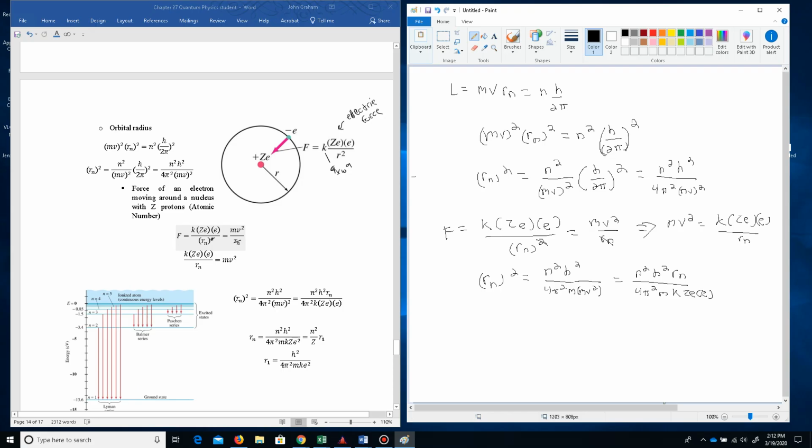And so what we want to think about before we move on is what the R1 will look like. For R1, your n is going to be 1. So you end up with just h squared on the top, and 4 pi squared m k and e squared.